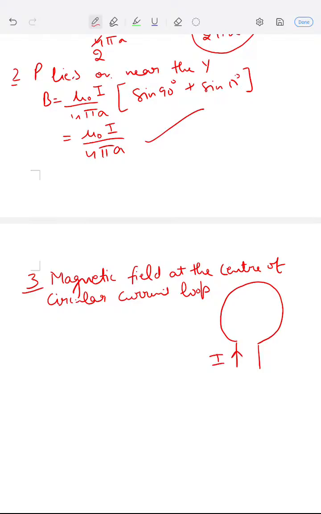This is a circular current loop and the current I is flowing through the circular wire.